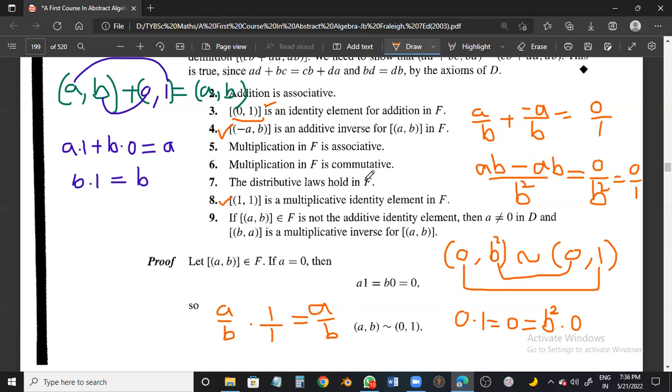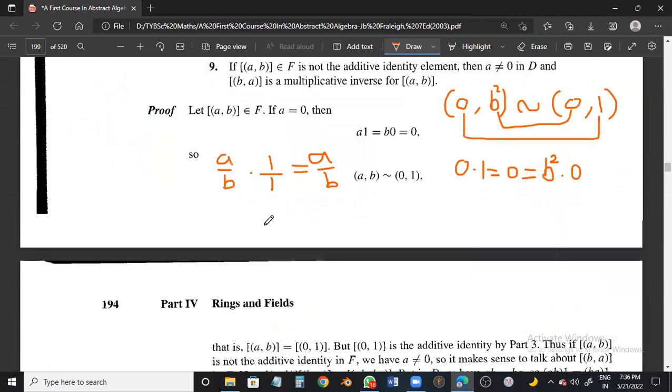And the last thing that we require: if the equivalence class of A, B belongs to F and is not the additive identity element, then A will be non-zero in D, and the equivalence class of B, A is the multiplicative inverse for A, B.